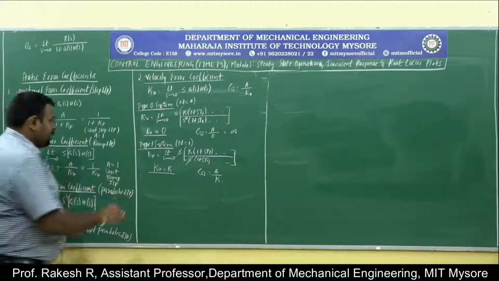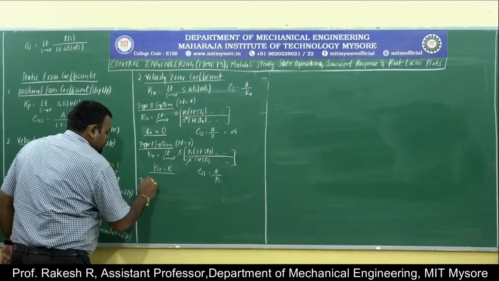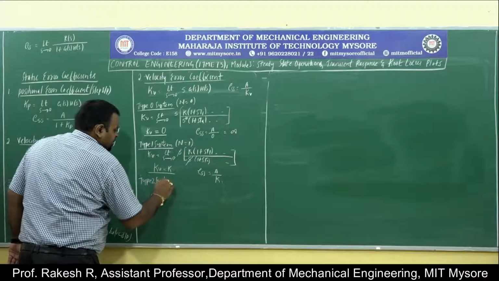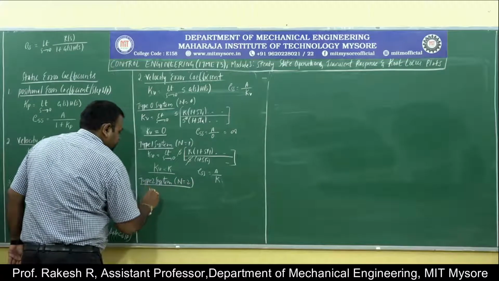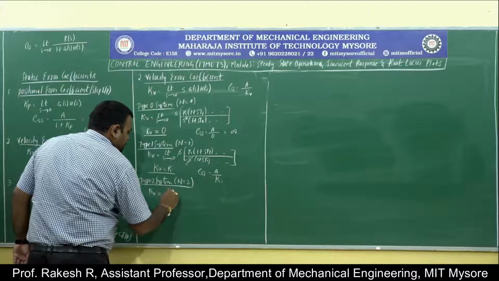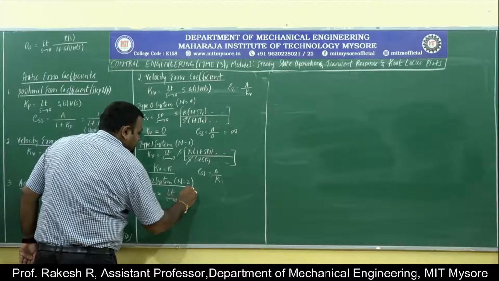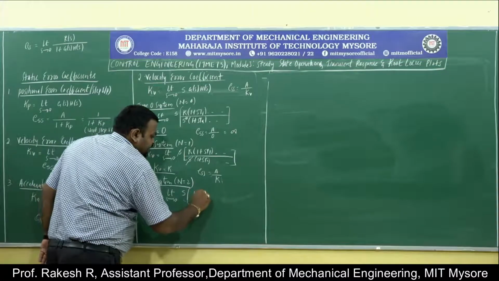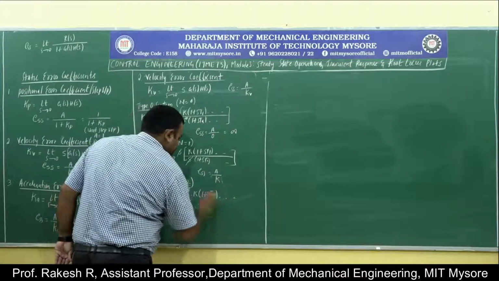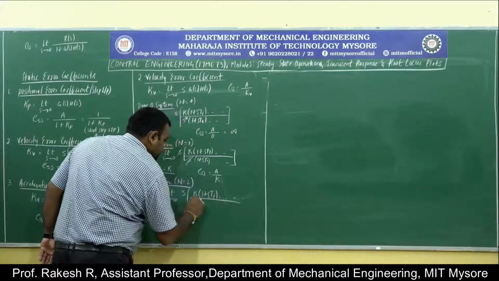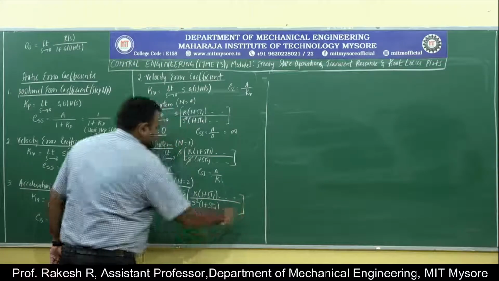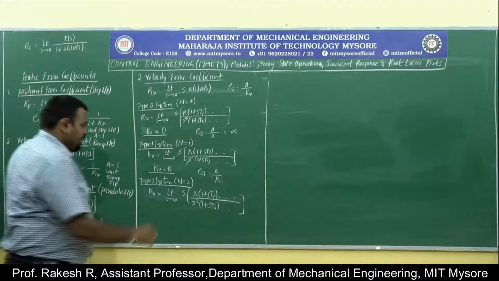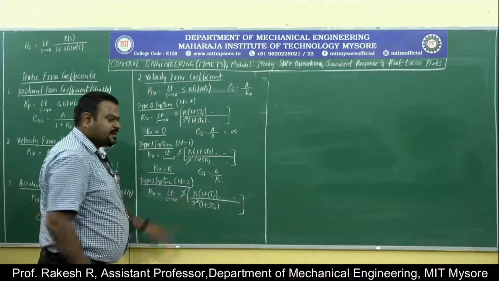Then again we can go for type 2 system also. Type 2 system, n is equal to 2, Kv will be equal to limit of s tends to 0, s into K into (1 plus sT1), (1 plus sT2), etc. divided by s square, (1 plus sTa), etc. One s will get cancelled, one s is remaining.